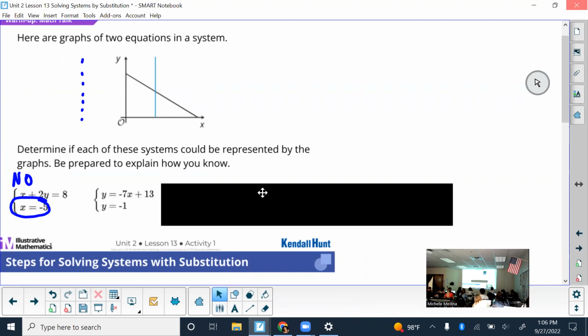So could this one be represented by the graph? We're going to do a quick round. All right, Grant, yes or no on the second one? And why no?